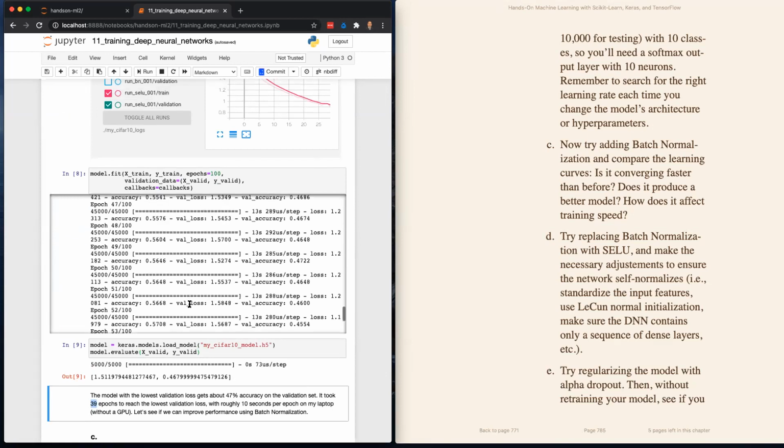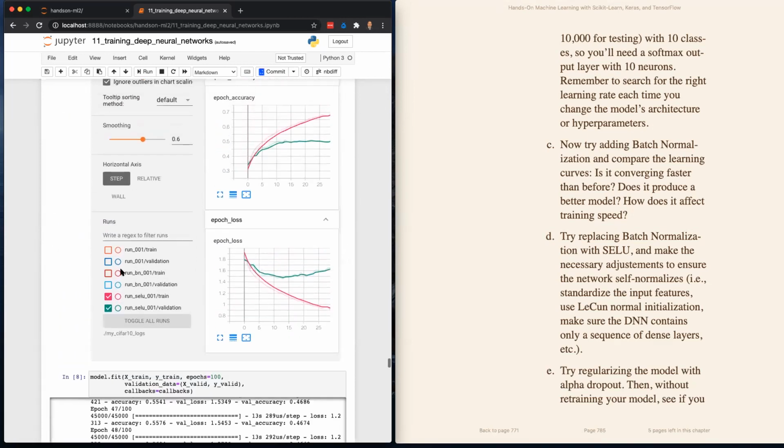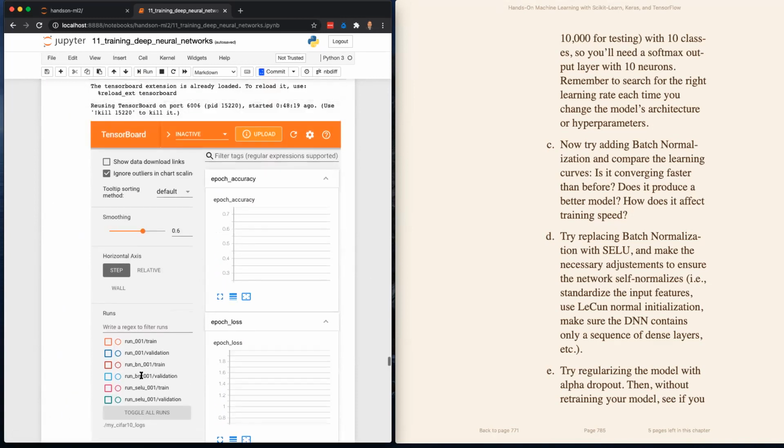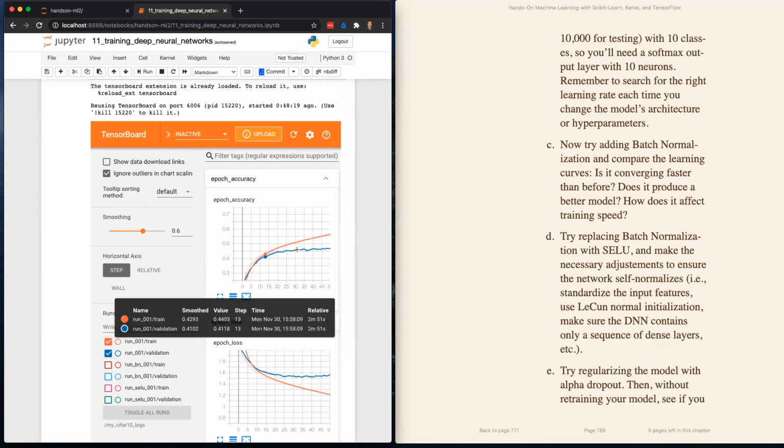But it makes sense. If I come up here, this is nice. Every run is listed here, so I can just pick the first two because that's what he is naming them. This is the accuracy of training.